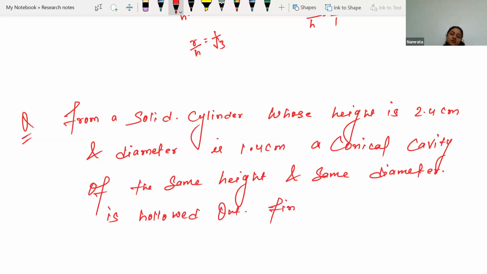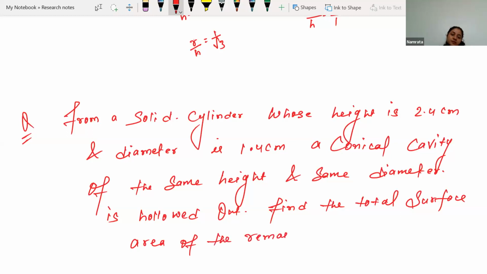Find the total surface area of the remaining solid to nearest centimeter square.